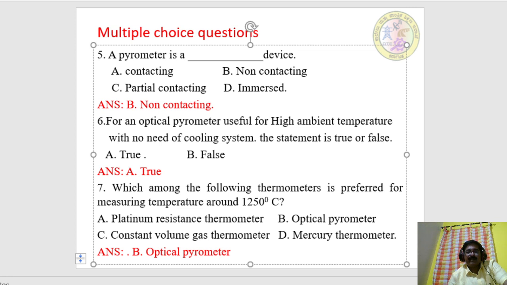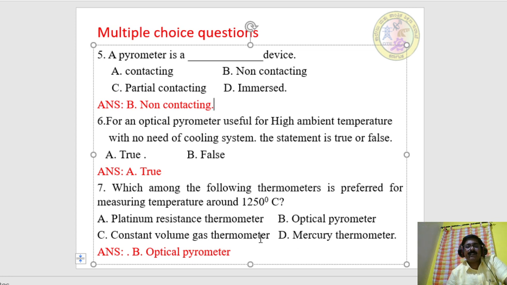Which of the following thermometers is preferred for measuring temperature around 1250 degrees centigrade? Options are A. Platinum resistance thermometer, B. Optical pyrometer, C. Constant volume gas thermometer, D. Mercury thermometer.